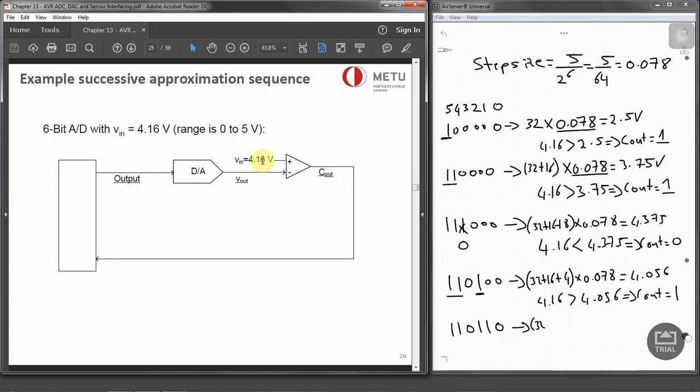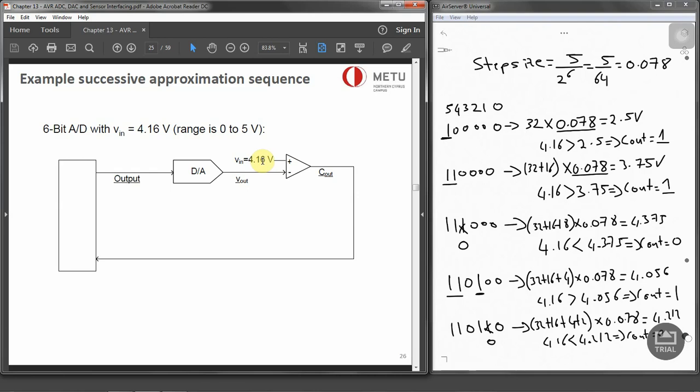So 32 plus 16 plus 4 plus 2, that we are multiplying with 0.078, which will give us 4.212, and 4.16 is less than 4.212. That means C out is going to be 0. So that has to be changed to 0.